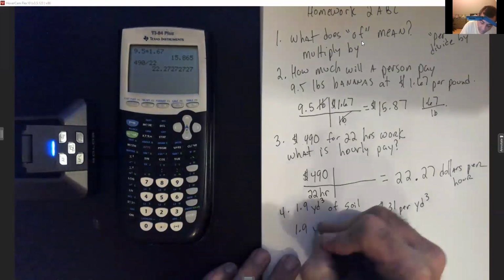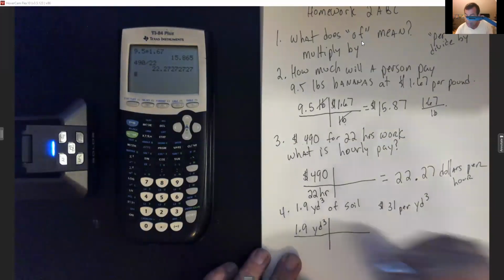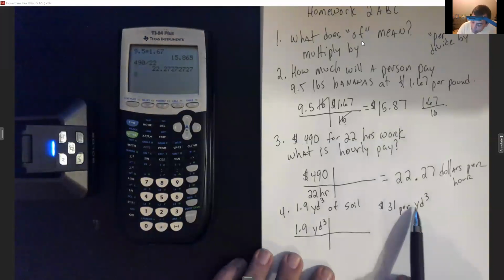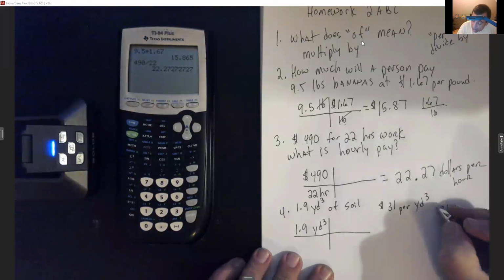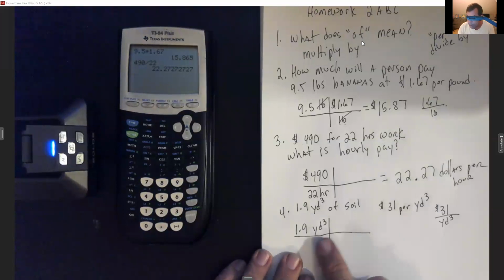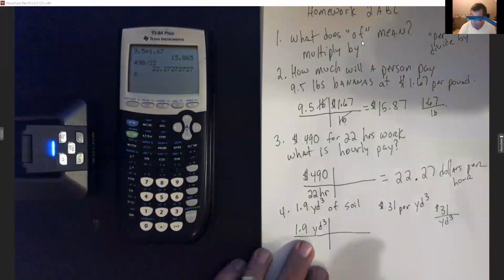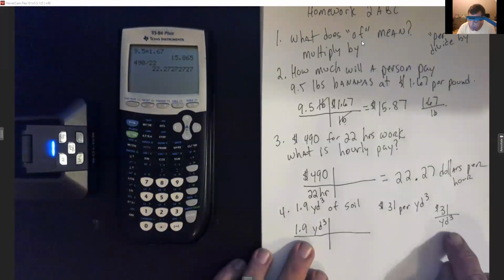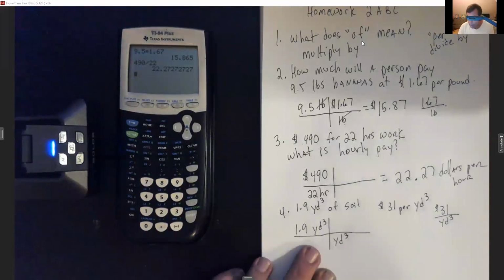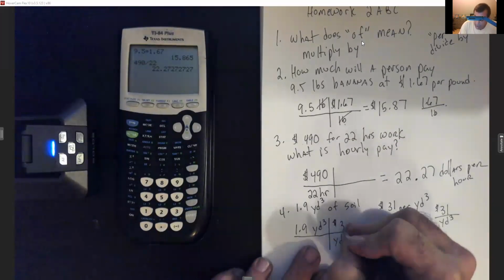1.9 cubic yards. Now my conversion factor over here is $31 per yard cubed. So that would be like $31 over your yards cubed. But remember, since we're technically dividing by this fraction, we would flip it and multiply, because we need these yard cubes down here on the bottom, and the 31 on the top.